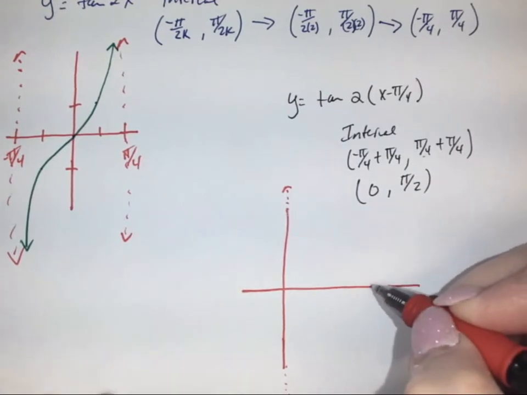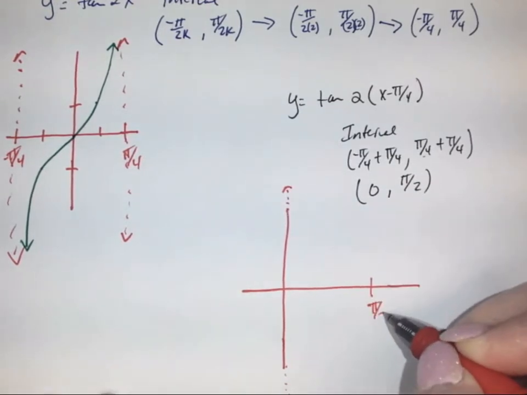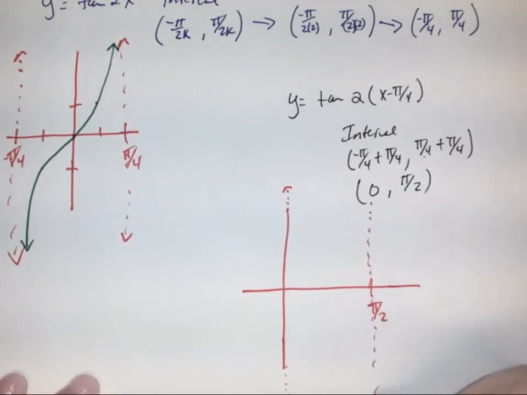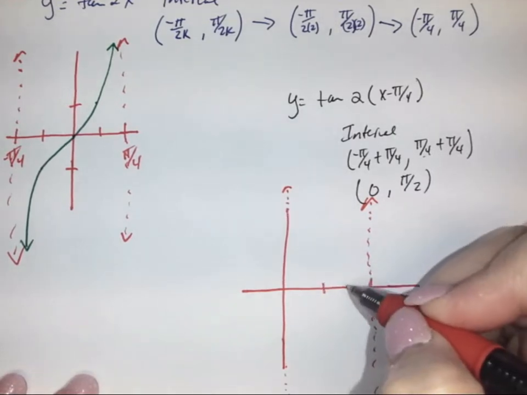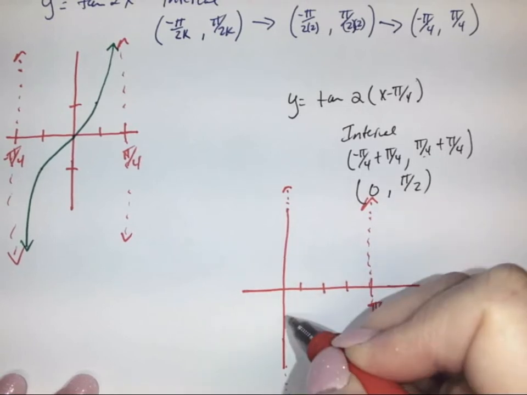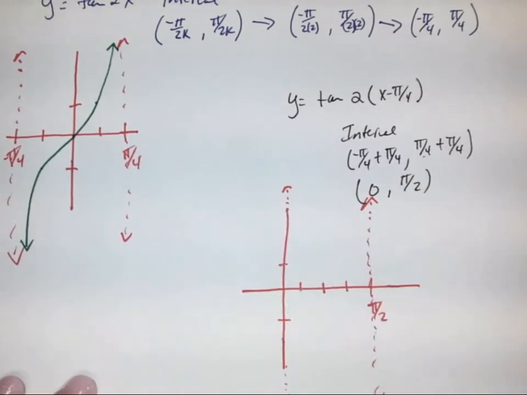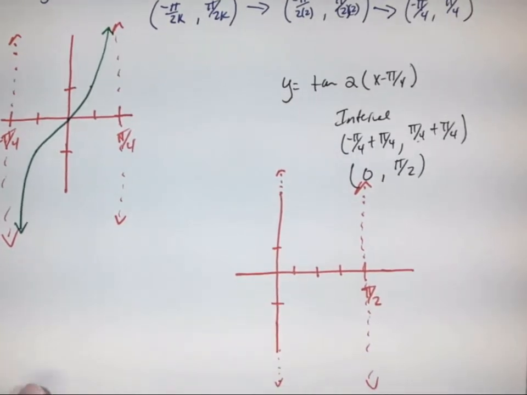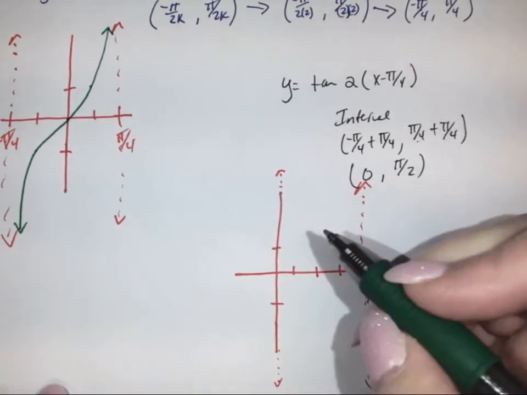And then we'll have pi over 2 will be our asymptote here, halfway between, and then we also need the halfways between. And we'll get a 1 and a negative 1. All right, and again, these are the endpoints or the important parts that you need. You can figure out the rest. I mean, this would be pi over 4, but it's not essential.